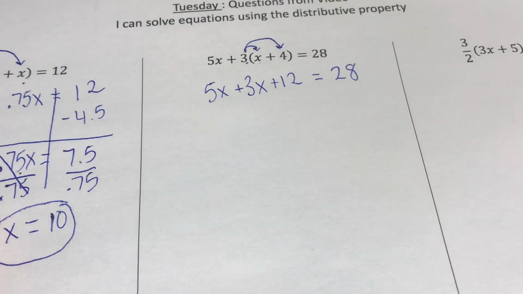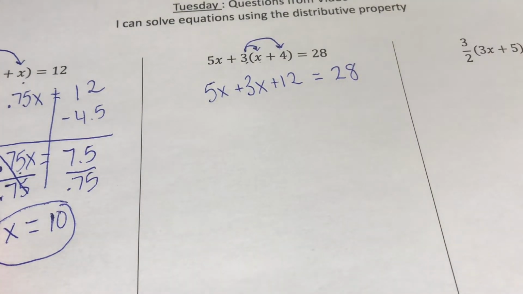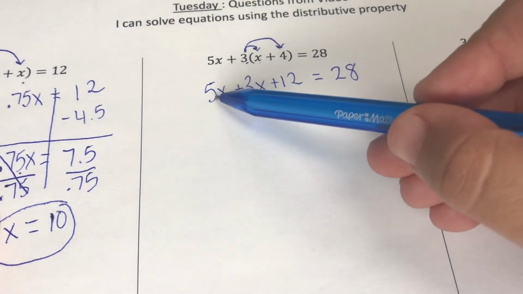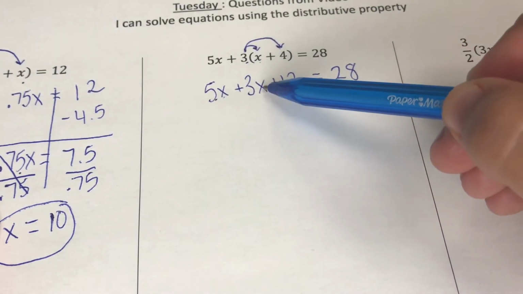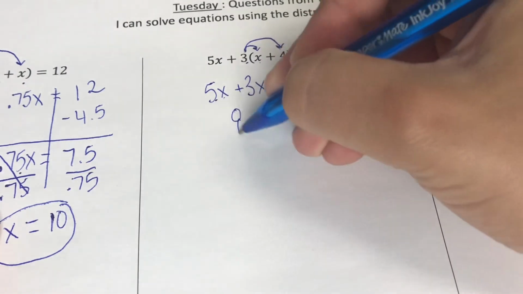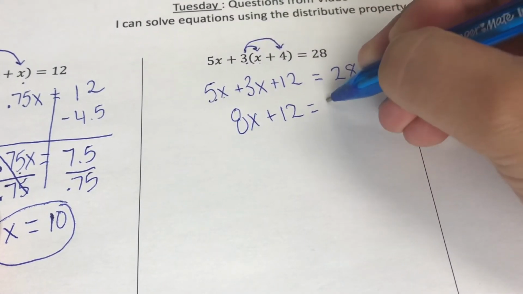Now, before we start moving across the equal sign, let's see if there's any like terms that we can combine. If you look at the left-hand side, I have a 5x and a 3x. Those are like terms because they have the same variable. So we'll add 5 plus 3, which is 8x. And we'll rewrite the rest.